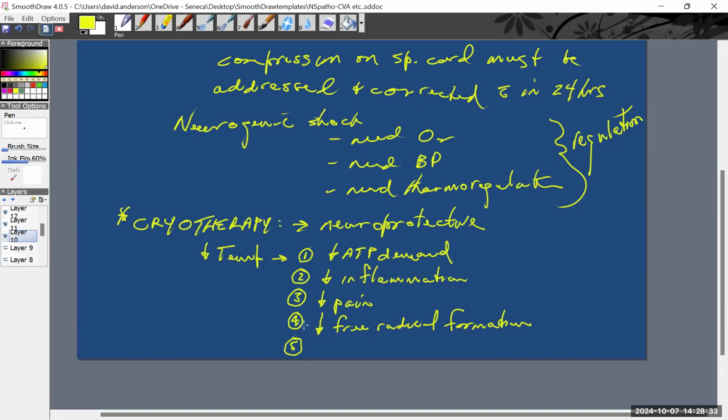And we also know that a decrease in temperature will decrease excitotoxicity from amino acids. One of the other things we can throw in here is it increases blood-brain barrier efficacy. So in other words, it'll improve the barrier function of that blood-brain barrier, which applies to the spinal cord in addition to the brain.